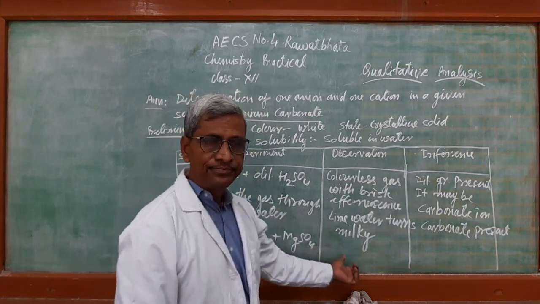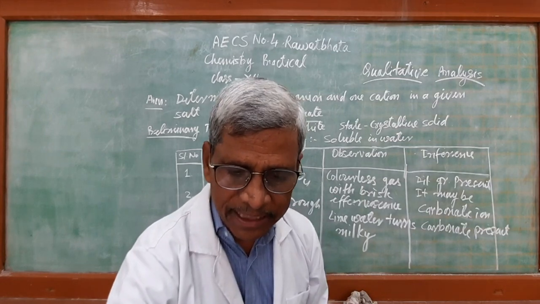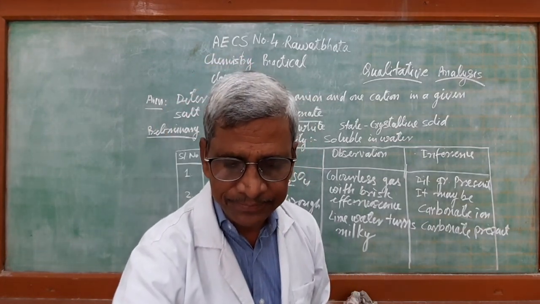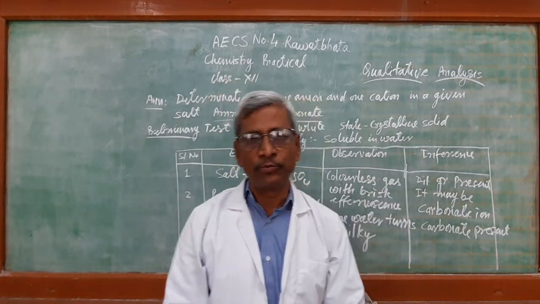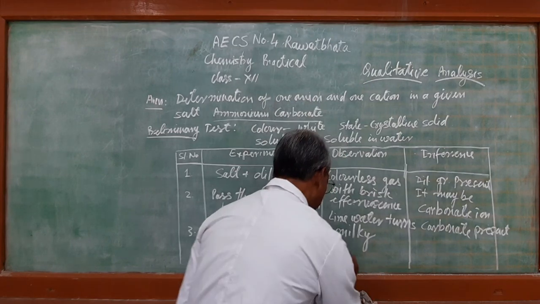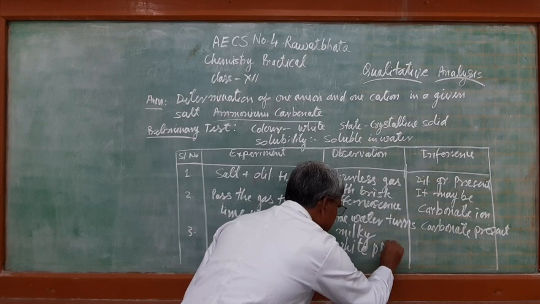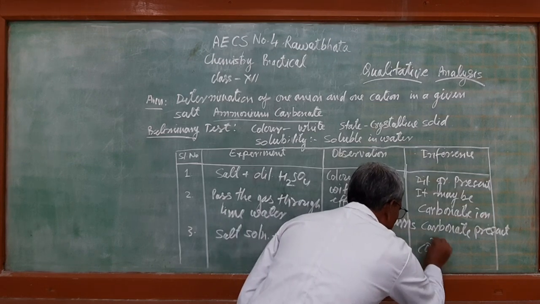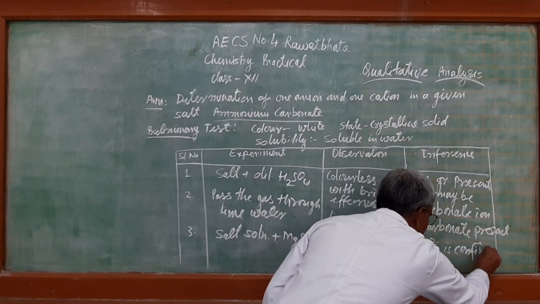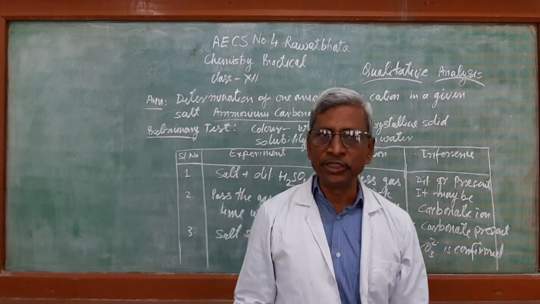Observation: white precipitate appears. Confirmation of carbonate. Carbonate is confirmed. In the third one, here is the white PPT, and here CO3 2 minus is confirmed. That is the confirmation part.